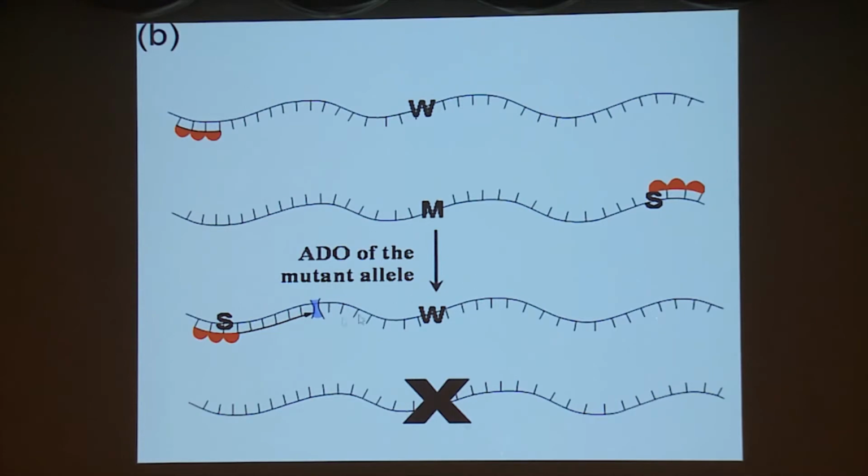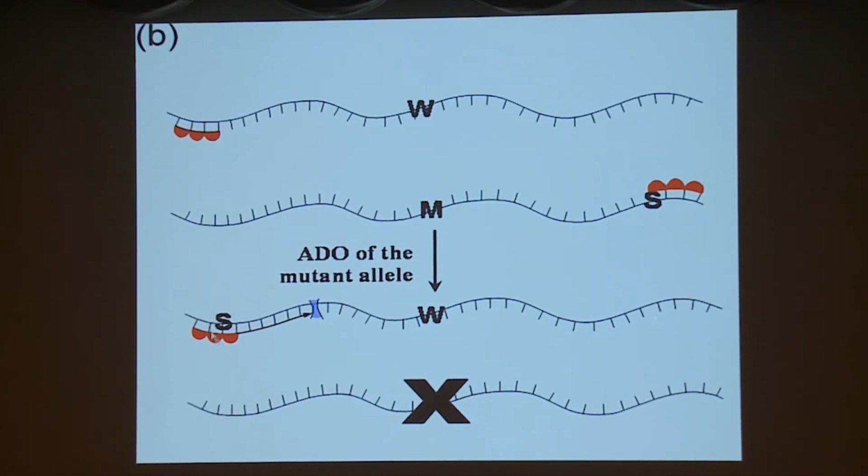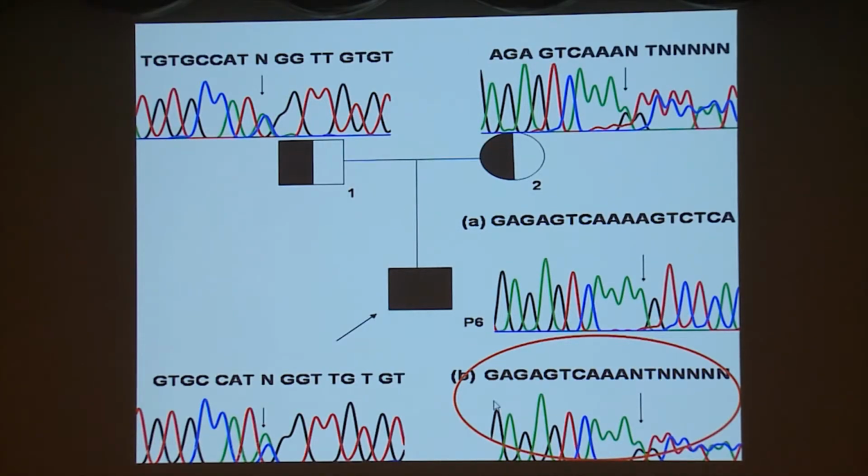On the other hand, if the SNP is present on the mutant allele, you will miss the amplification of the mutant allele and just amplify the homozygous wild type, and this will give you a false normal result. So we redesigned the primers, and then we picked up the same heterozygous frame shift in the subject.